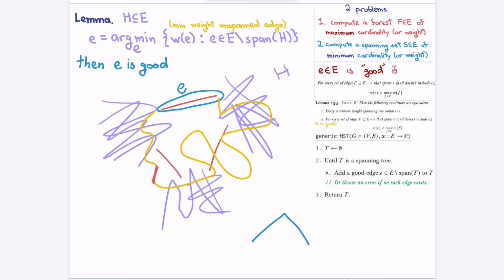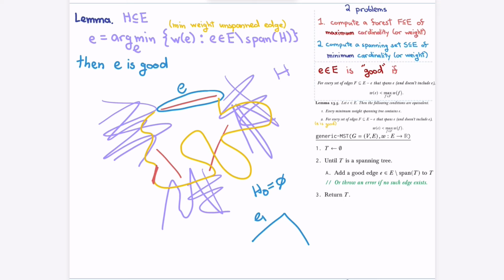So all the edges are among this set of edges that's not spanned by zero edges, right? So in other words, before the first iteration, I'll take H to be the empty set, and I just find a minimum weight edge.